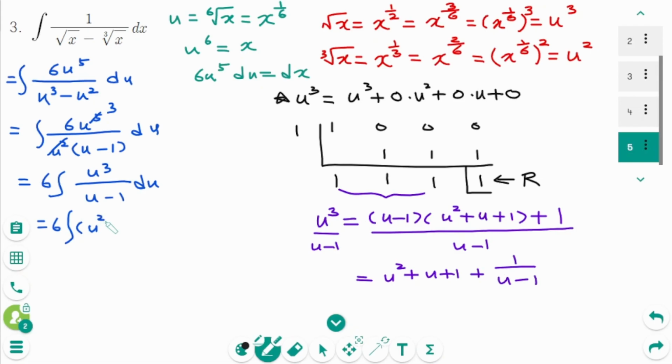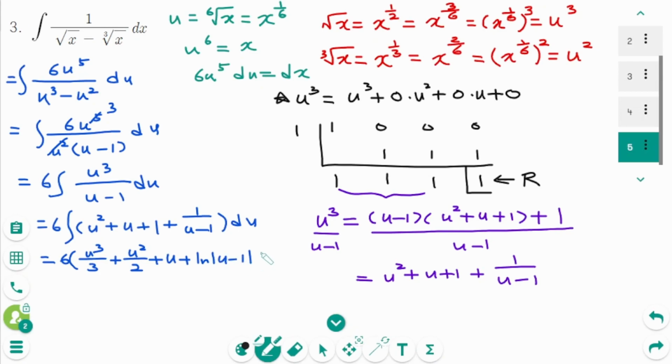Then u squared plus u plus 1 plus 1 over u minus 1 du equals 6 times u cubed over 3 plus u squared over 2 plus u plus ln absolute value of u minus 1 plus c.